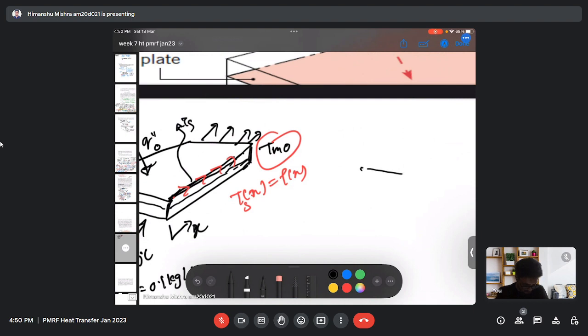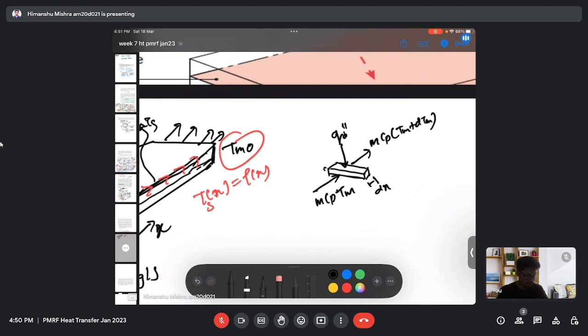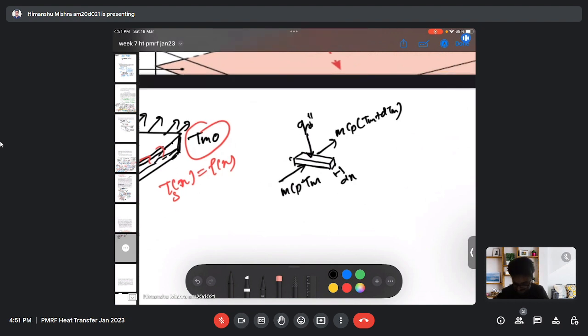Let's say this is my incoming energy, which is m cp Tm, and my outgoing energy will be m cp, and there is a heat flux also, and this is my distance dx. So I will be using the energy balance here.